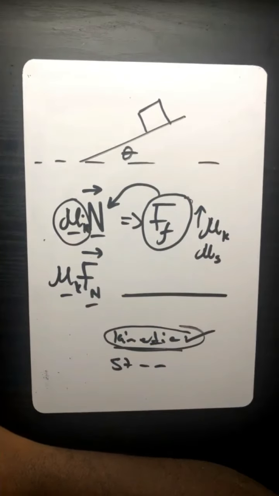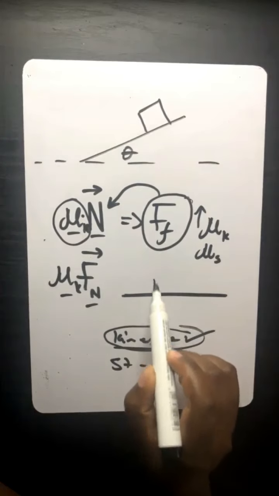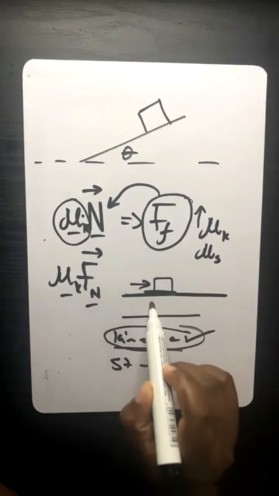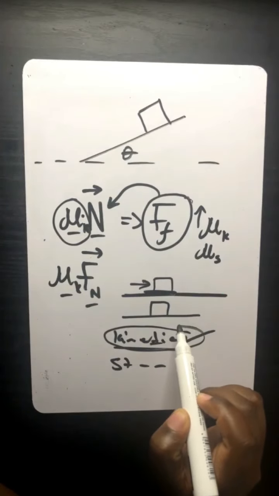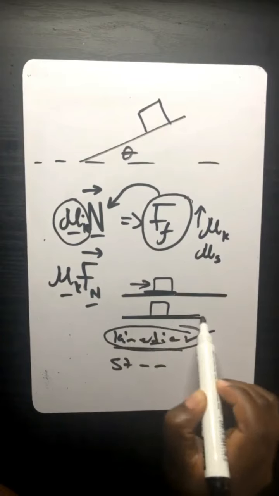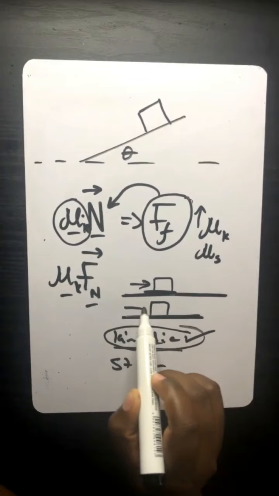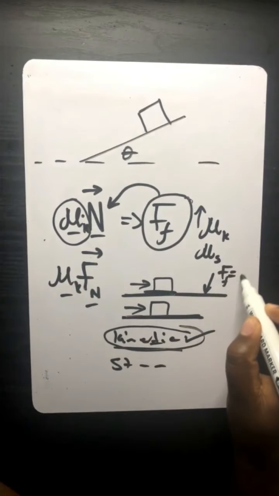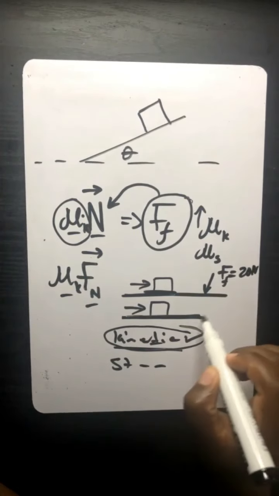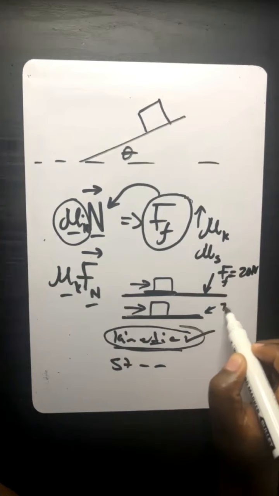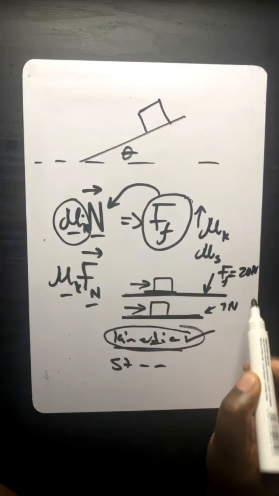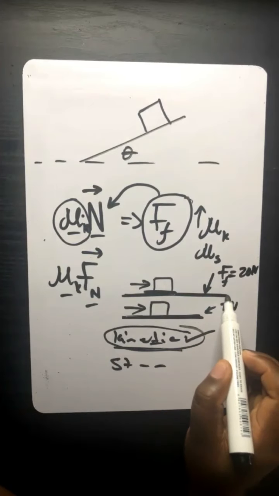That is why it's heavy to push a cart on gravel as compared to pushing a cart of the same weight on a tiled floor. So can you see? The frictional force there is going to be maybe, let's say, 20 Newton, but there it could be 7 Newton. So that is influenced by the material.